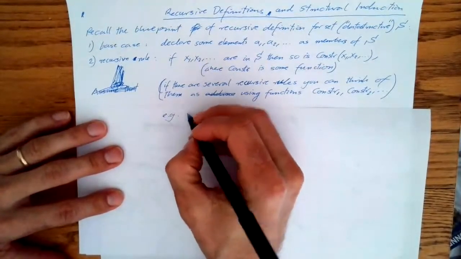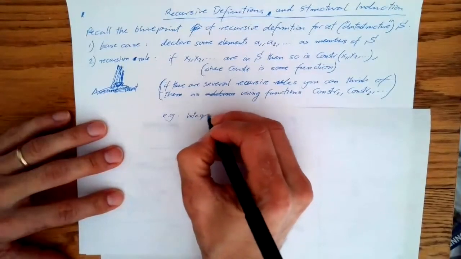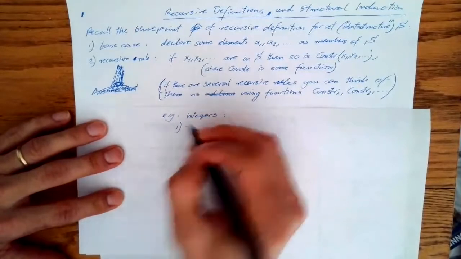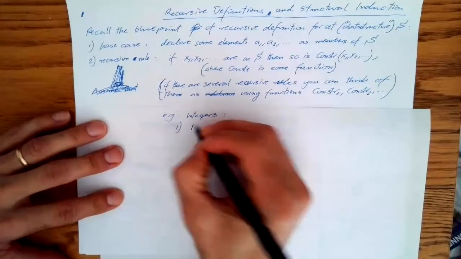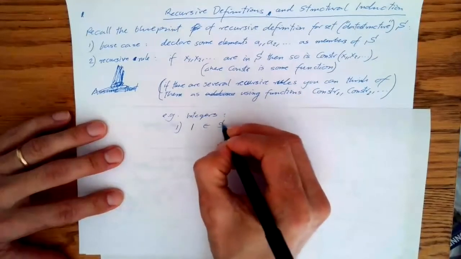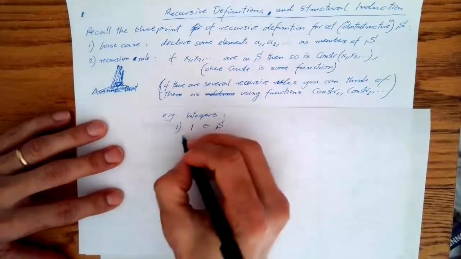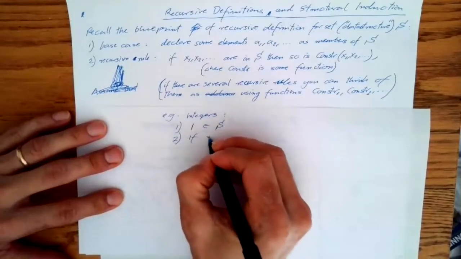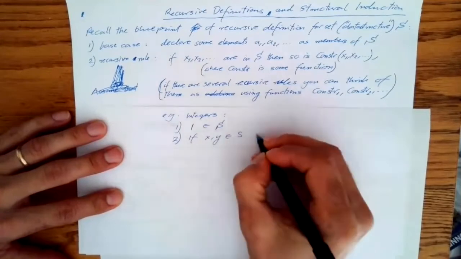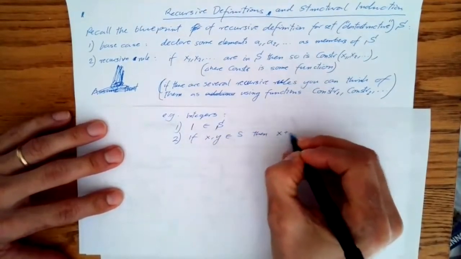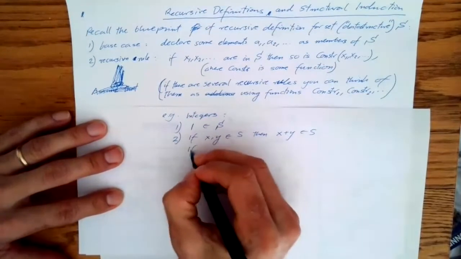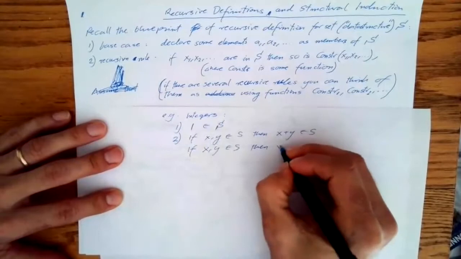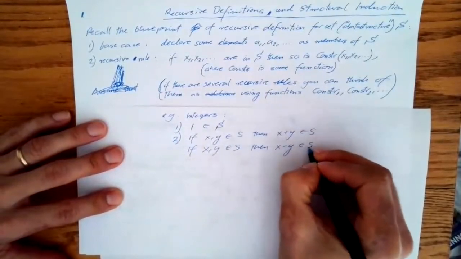integers that we used last time, right? The base case, okay, you have many possibilities, but let's say I declare I1 to be an integer, and then I have a recursive rule that if x, y is in the set, then x plus y is in the set. And also I have another rule that says if these guys are in the set, then so is x minus y, right?